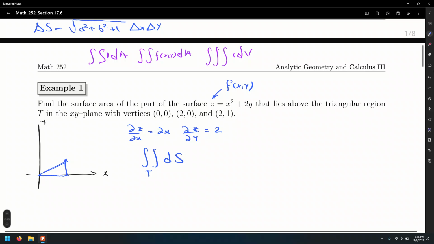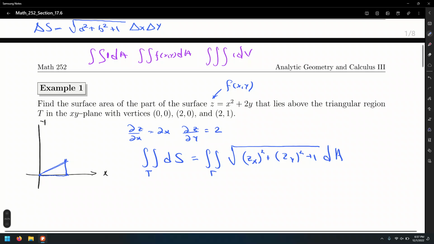So big S is surface area for surfaces in general. So, double integral over T of the square root of the partial of z with respect to x, quantity squared, plus the partial of z with respect to y, quantity squared, plus 1, dA.